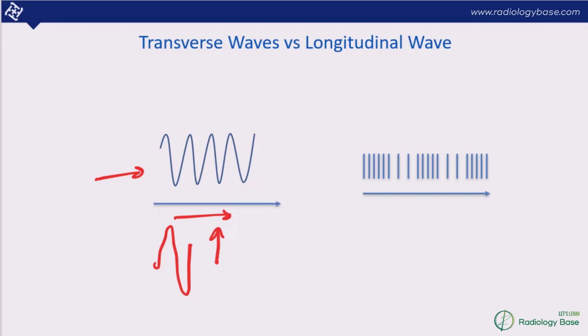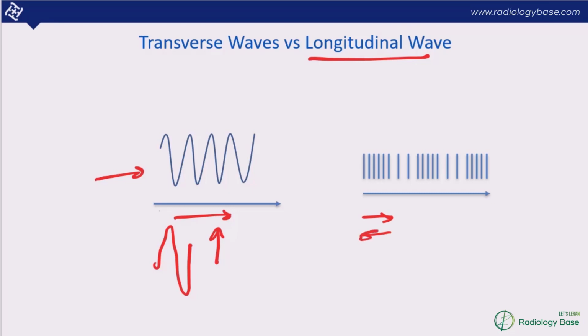Now in comparison to the transverse wave, we have the other type of wave, which is the longitudinal wave. In the longitudinal wave, the movement of the particles is in the direction of the progression of the wave. So in this example, you can see that the particles are moving in this direction.